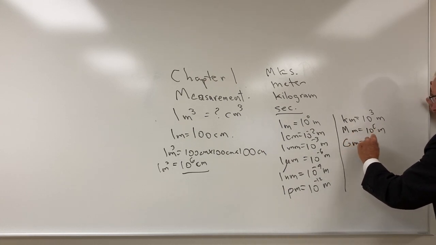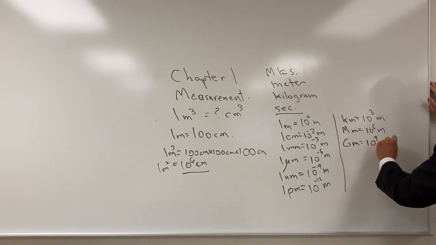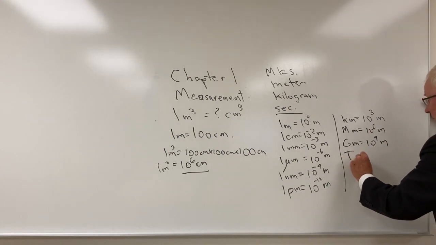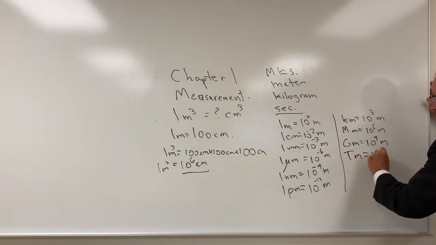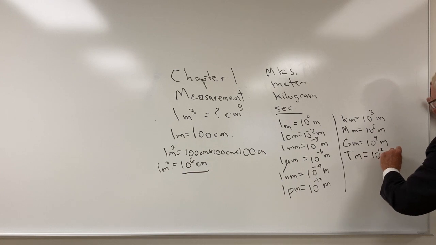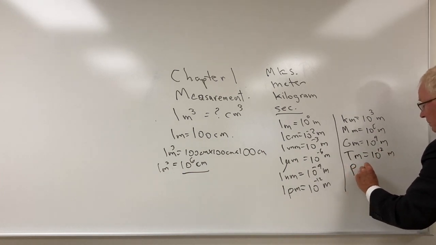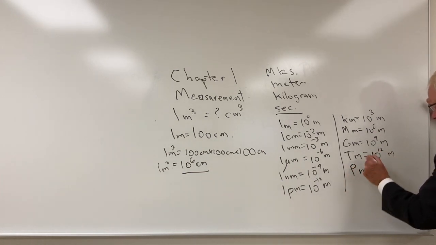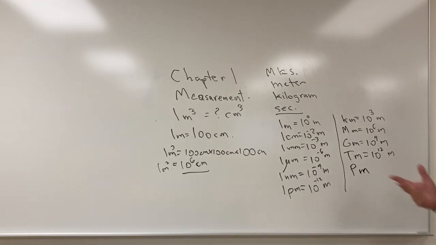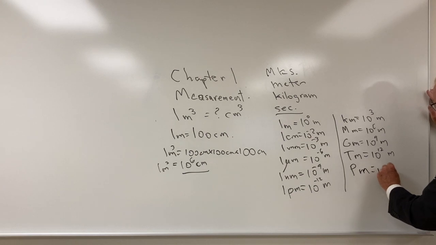Gigameter is 10 to the ninth. Terameter is 10 to the 12th. And if you really want to get bigger, it's petameter. We use this with petabytes, terabytes, gigabytes, megabytes. It is 10 to the 15th meters.